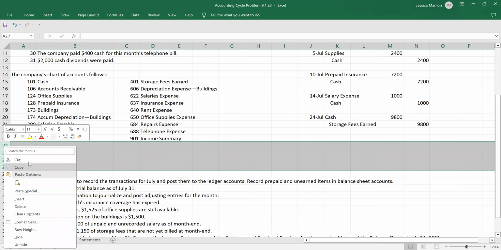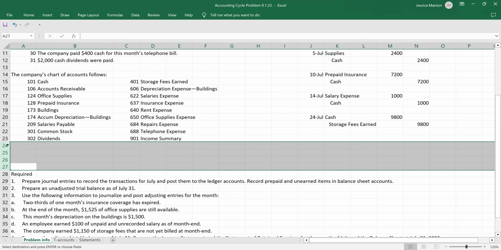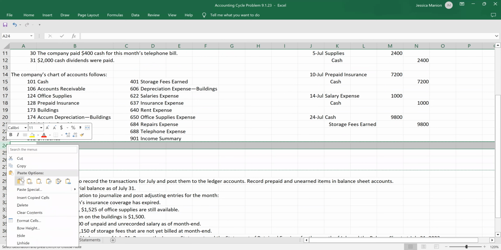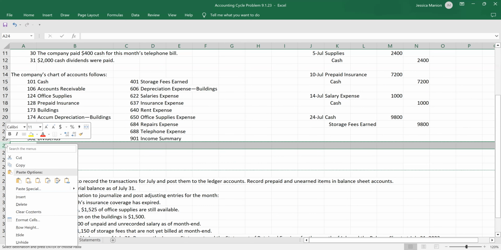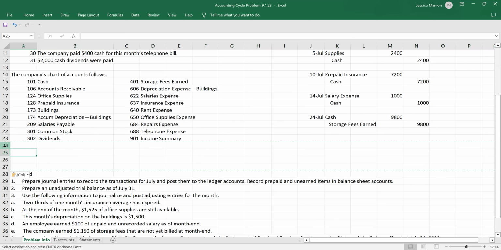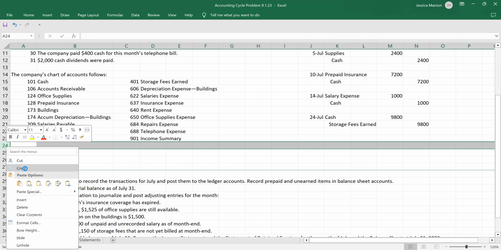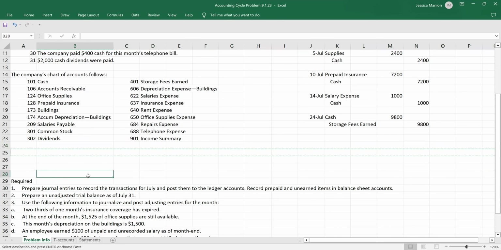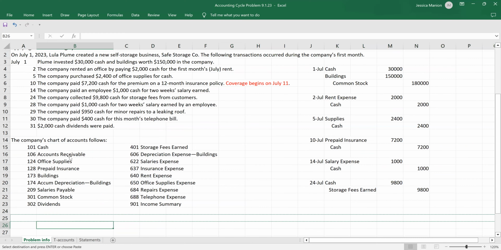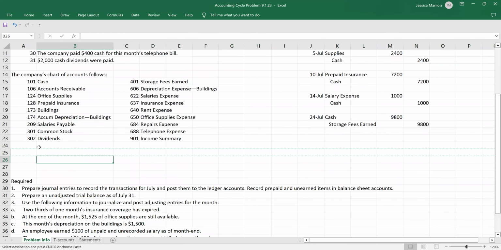Let's see, copy. Didn't work too good. Well, that gave us a few extra. Let's see, how many transactions do we have left? We're going to need a few more.